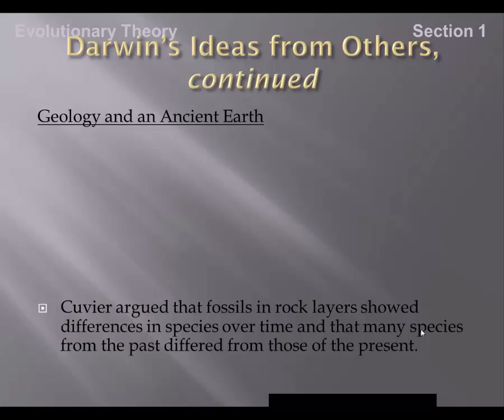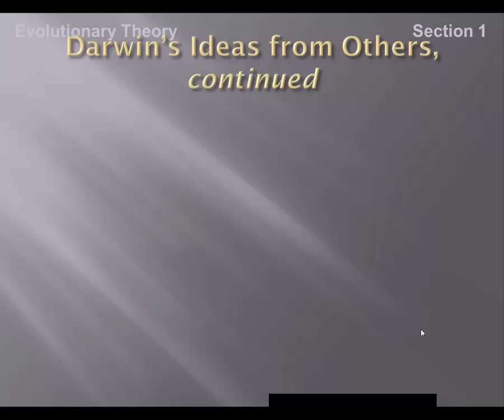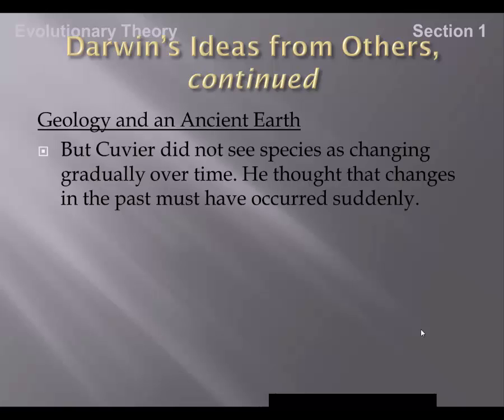Cuvier argued that fossils and rock layers showed differences in species over time, and that many species from the past differed from those of the present. But Cuvier did not see species as changing gradually over time. He thought that changes in the past must have occurred suddenly.